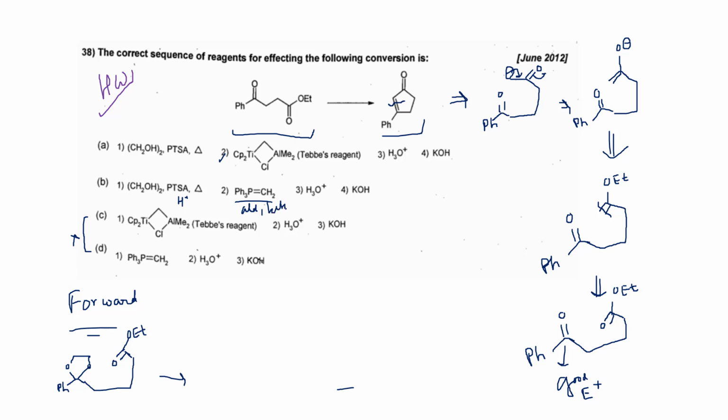Okay, so we will use Tebbe reagent. So what will we get? Tebbe reagent will make this a CH2. Now, option A is already selected.